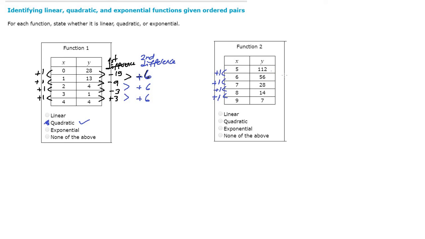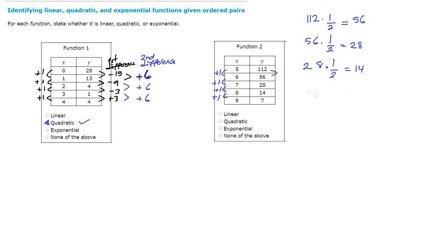I figured out that they are being divided by 2, or multiplied by 1/2, because 112 times 1/2 is equal to 56, which is the second number in the y column. If I multiply 56 by 1/2 again, I will end up with 28. 28 multiplied by 1/2.